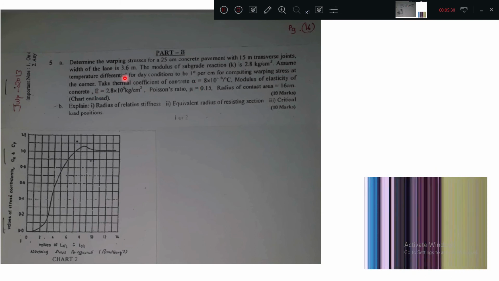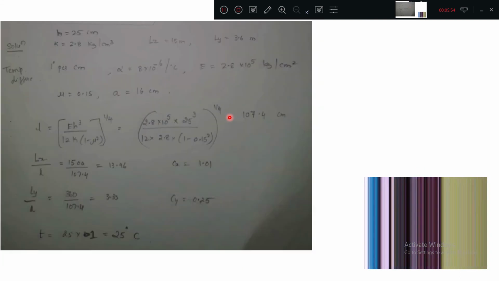All are the same data only. So this problem has appeared 2 to 3 times. Theory questions they are also asking: radius of relative stiffness, equivalent radius. It is explained in the previous videos. Same problem, once you convert the units, you'll get the answers.